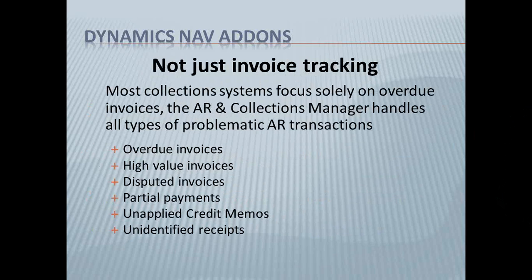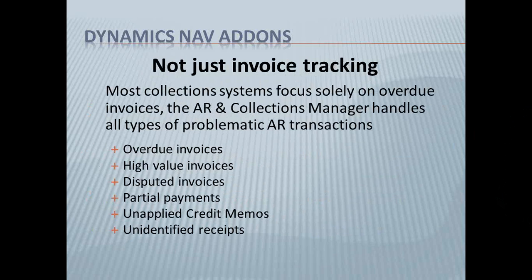It could be a partially paid invoice, because one of the things that has become evident is that any time a customer partially pays an invoice, there's a reason for it. And it's better to know that now than let it become an overdue invoice and then become a problem.